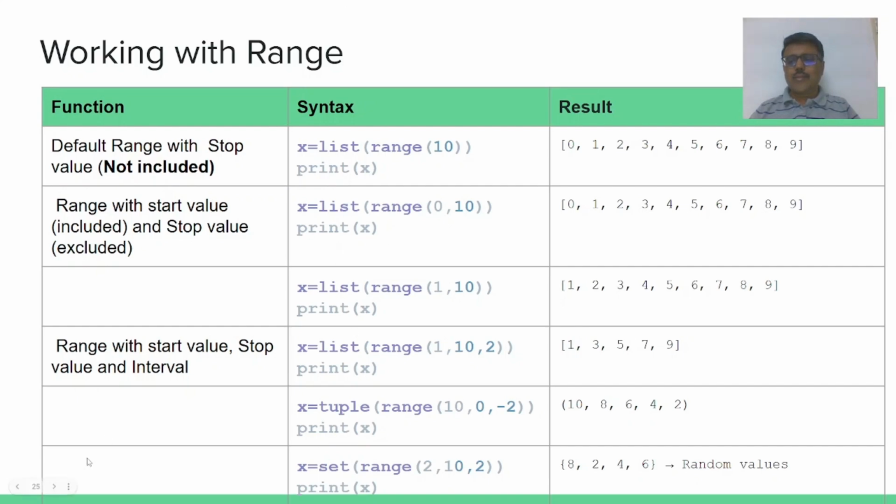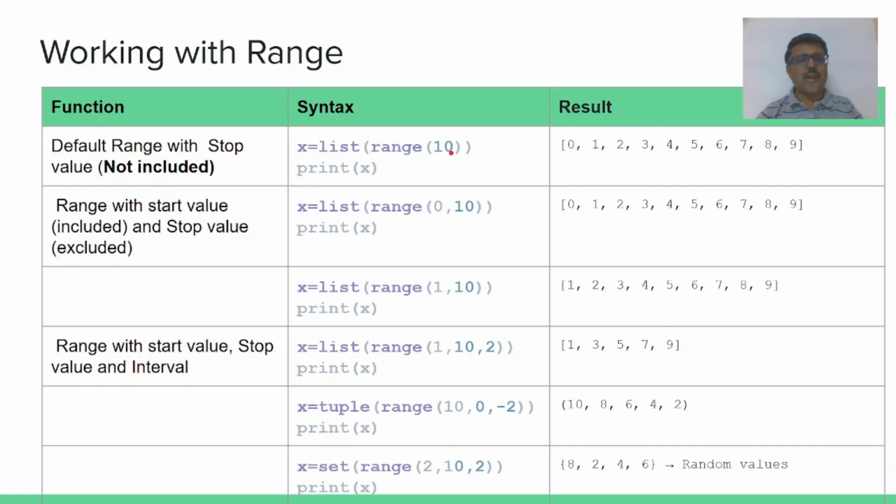Okay, the first sample, the first one you can see here. So x equal to list, now it is nothing but the typecast. You are just changing it to a list conversion. The range of 10 you are just giving here. So when it's a range of 10, the output you are getting is a list. That's why it is showing the list here. You are not giving any other value, only range of 10.